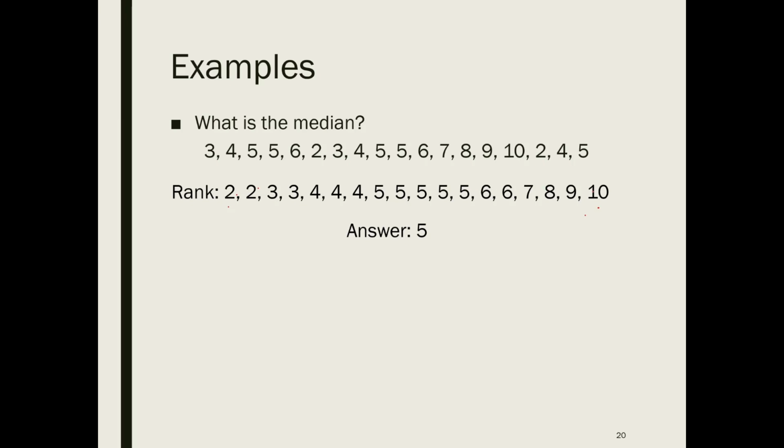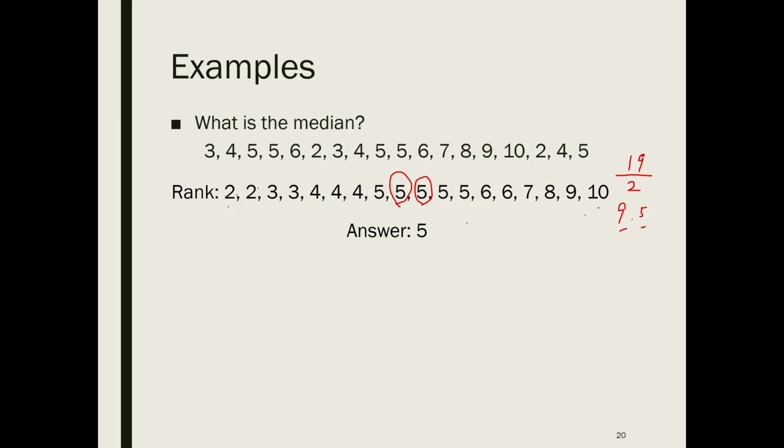So 18 plus 1, that's 19, divided by 2, that's 9.5. So it's the average of the number 9 and the number 10. 1, 2, 3, 4, 5, 6, 7, 8, 9, 10. Okay, so it's the average of those two numbers.